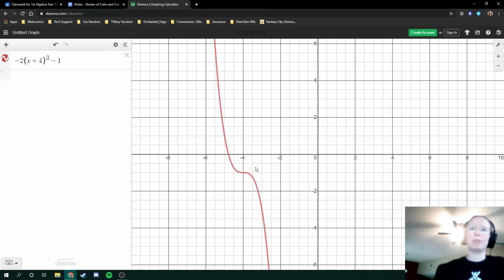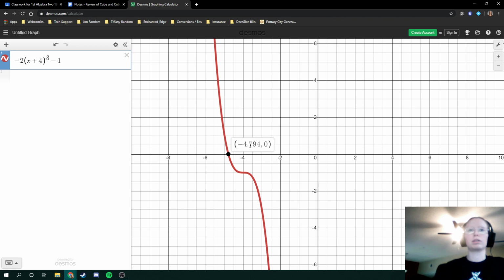Alright, domain was the other thing we were going to find. So it's going all the way from the left, all the way to the right. So all real numbers. And the same is true about the range. From all the way at the bottom, all the way to the top. So all real numbers again.